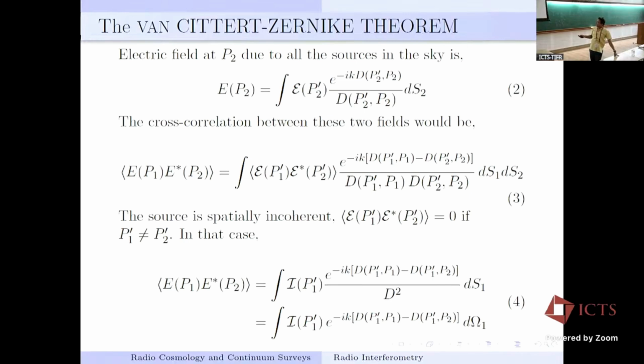It means this whole integral will only be non-zero if P1 prime and P2 prime are the same. Agree? It means this correlation is non-zero only if the electric field is coming from the same source. If the electric field you are getting is from two different sources, it will be 0, right?